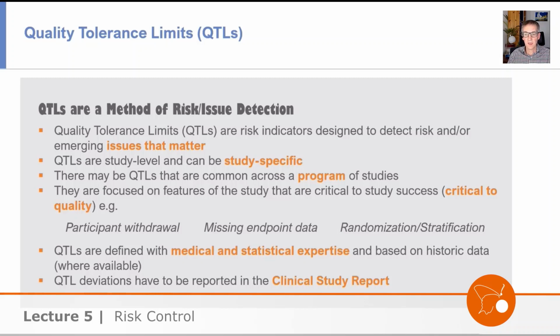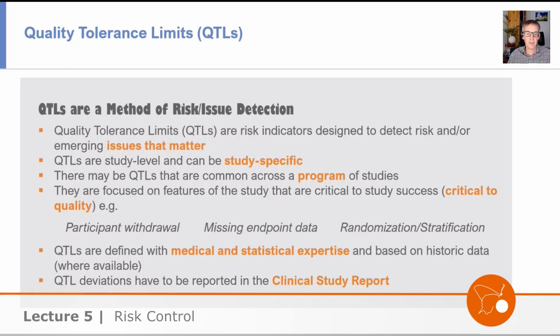So examples here: things like the withdrawal rate of participants, whether critical endpoint data is missing, or randomization or stratification in double-blinded trials. And so these, of course, if these are wrong, that could be very critical.